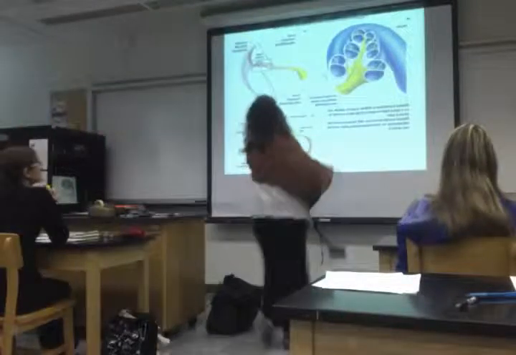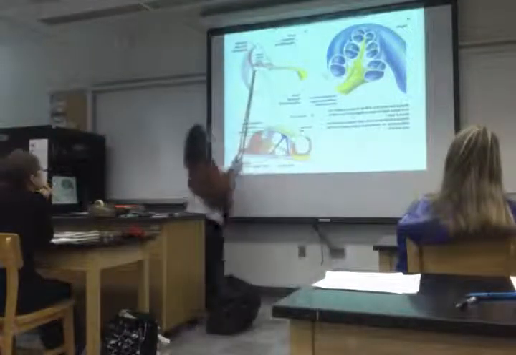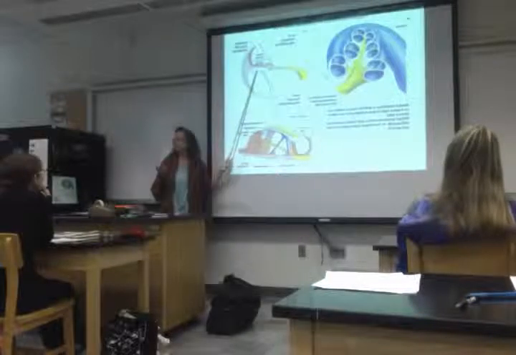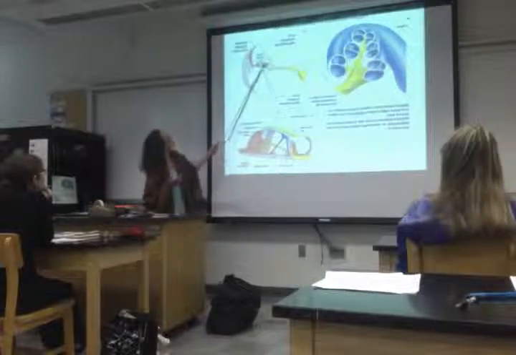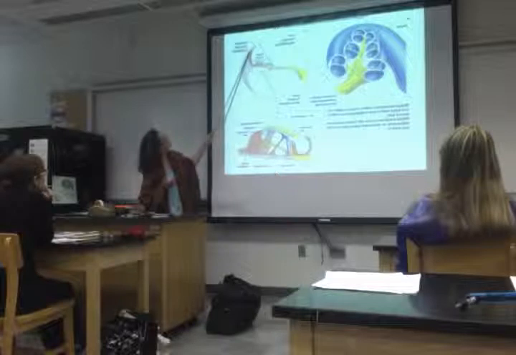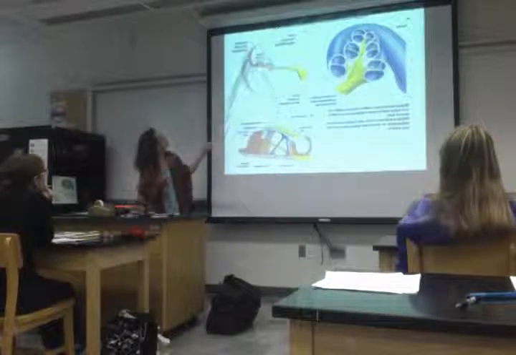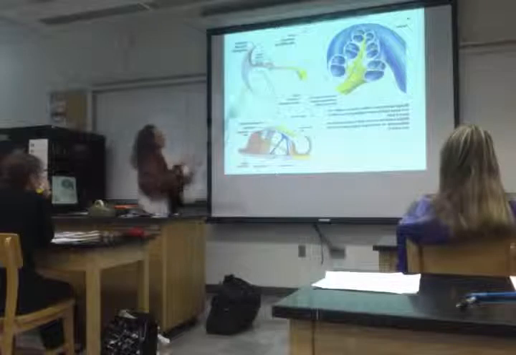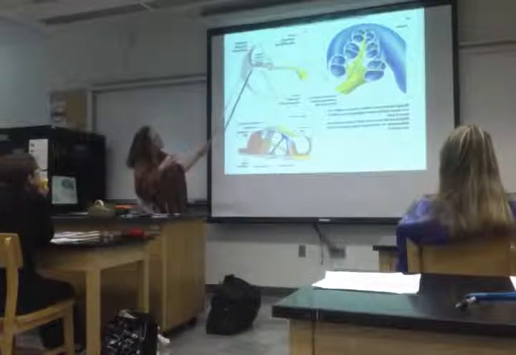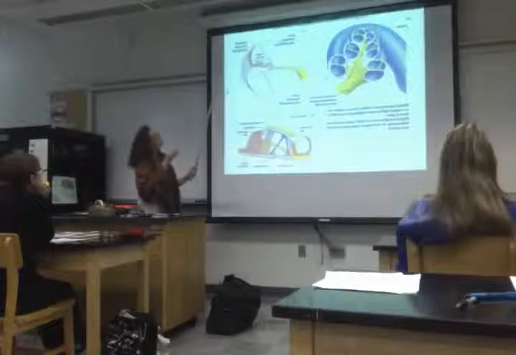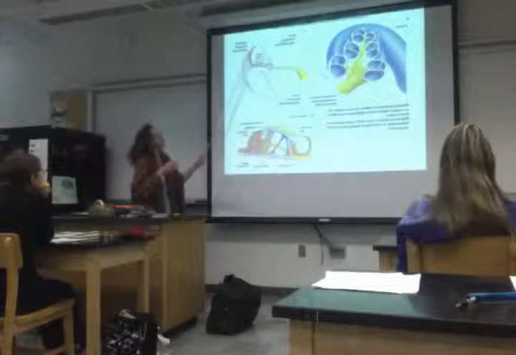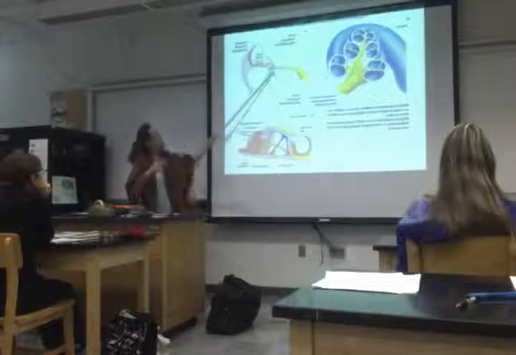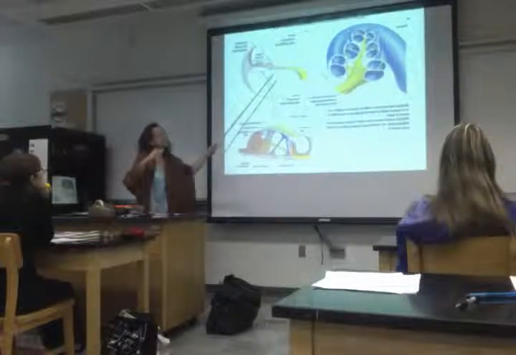So we've got the organ of Corti, and that is resting on top of the basilar membrane, and here's the tectorial membrane, and here we've got that entire enclosed cochlear duct with endolymph. That's in the middle, we could say, and then we've got our two scala on either side.